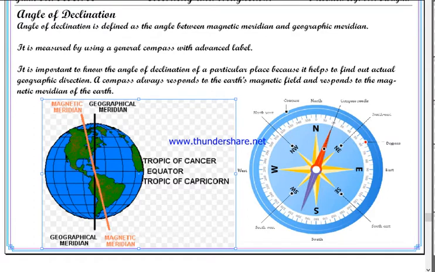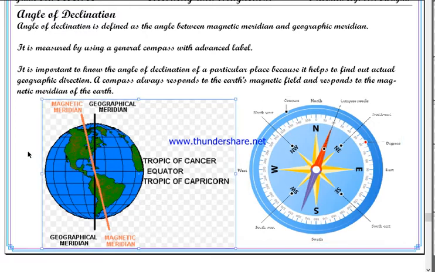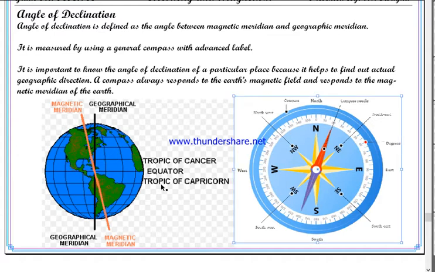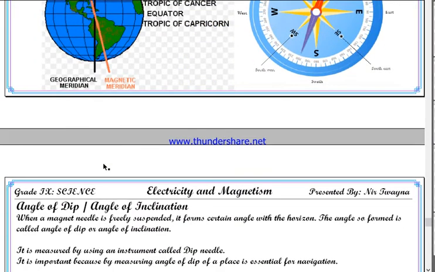For our daily life, for several purposes, we actually need to find the geographic meridian, but our compass only shows the magnetic meridian. So if you want to use a compass accurately, you need to know the angle of declination so that you can get the actual direction. Okay, that's all about the angle of declination.